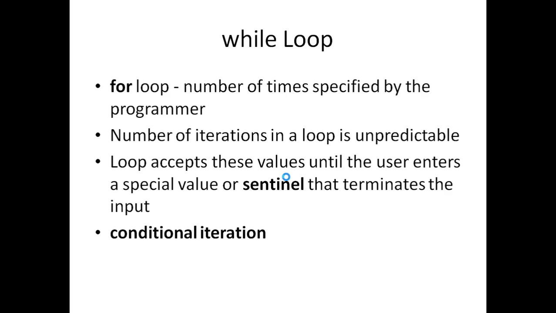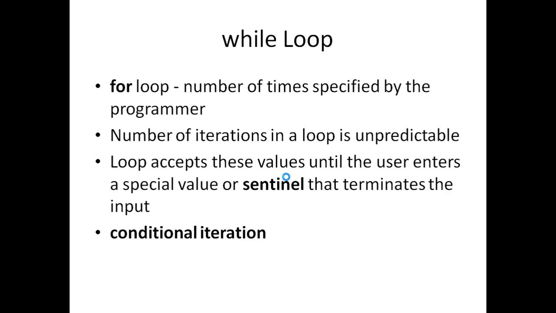But in most cases, the number of iterations in a loop is unpredictable. So when some condition changes, the loop has to stop execution and execute something else. In those cases, we have to go for a while loop instead of a for loop.